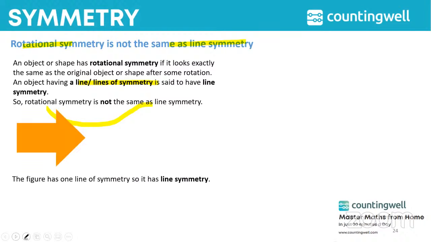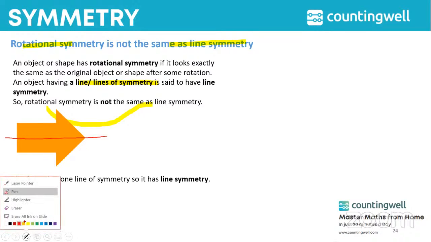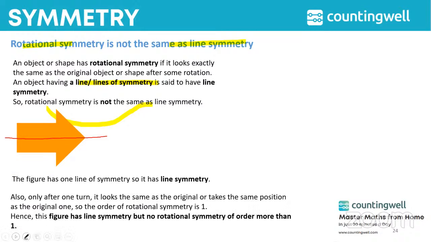So you can see this figure has only one line of symmetry, so it has line symmetry. Here, along this line, if you fold this figure, you will get two equal parts. Also, after one rotation, it will look exactly the same or take the same position as the original one. So the order of rotational symmetry is 1. So the figure has line symmetry but no rotational symmetry of order more than 1.